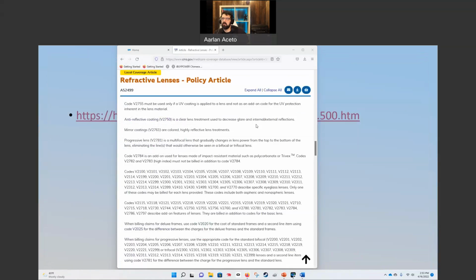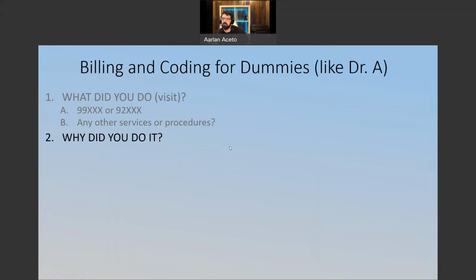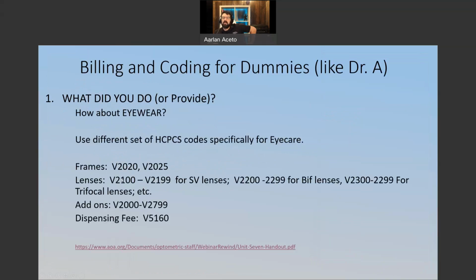Let's go back to our little codes. So let's go back to this one. Again, if it has V21 with any other modifiers, it's a single vision. V22, it's a bifocal. V23, it's a trifocal specifically. And there's also, for Medicaid in the state of Connecticut, a V5160.